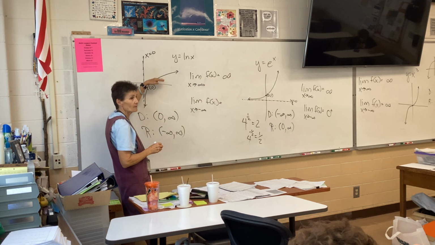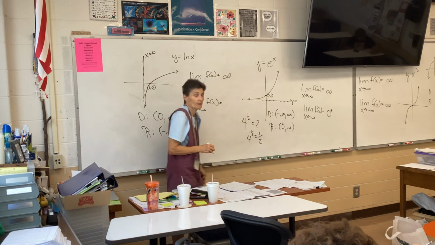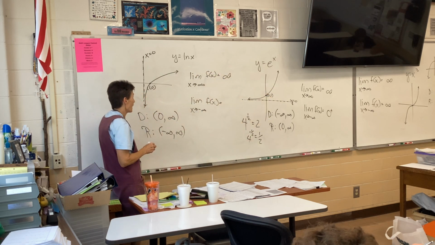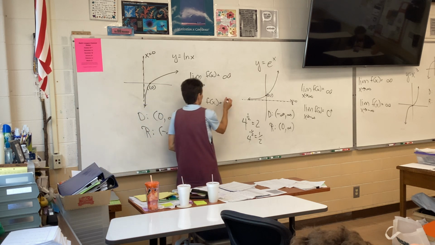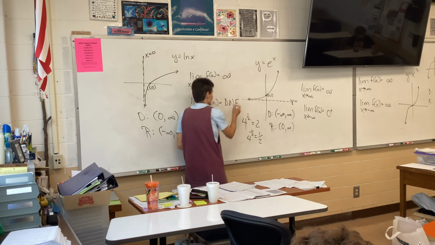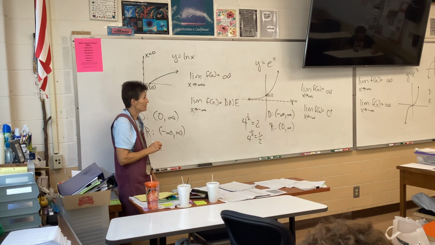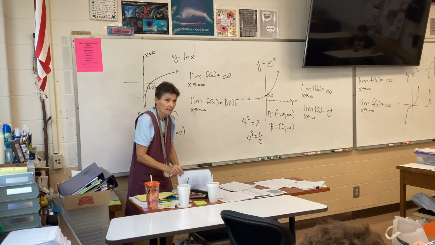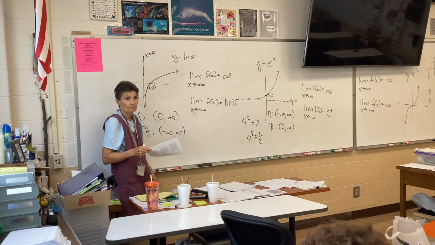There's no lid on this. It keeps rising forever and ever, just like the square root function does. How about to the left? Does not exist. The limit does not exist. Is that what we're going to put on quizzes and tests? Yep. Speak like calculus students. Wouldn't it be like 0 plus though?